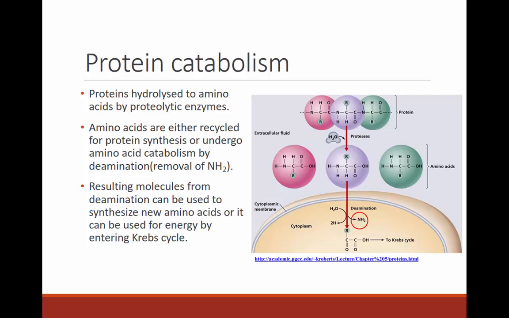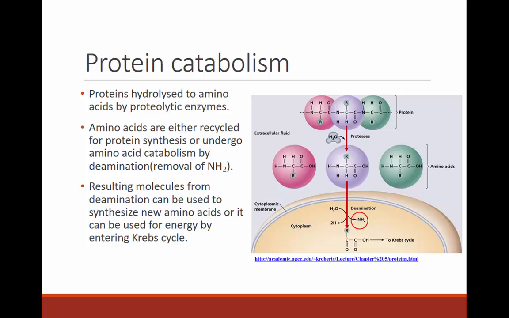Now everyone knows what amino acids are. So they're the building blocks. And you know we've got about 20 or 21 in eukaryotes. And 9 of those are essential, which means we have to get them from our diet. The rest our body can make, but those 9 are essential.